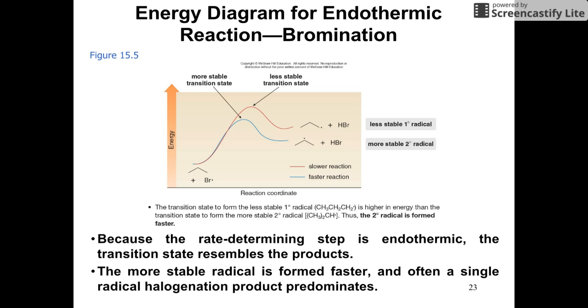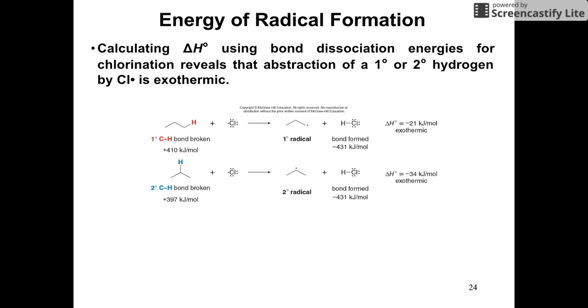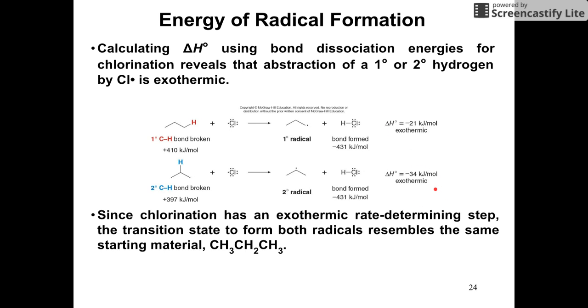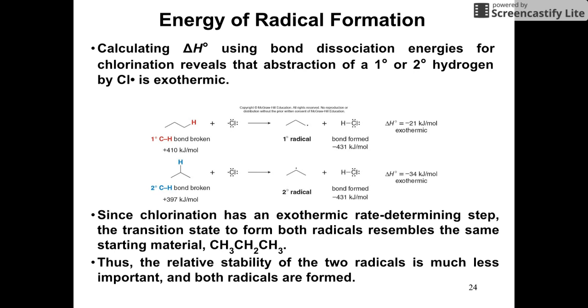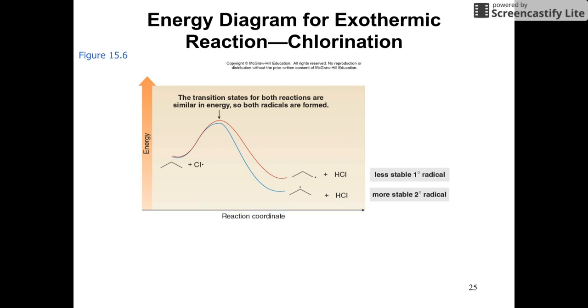Now, if we compare that to chlorination, both of these are exothermic, whether it be primary or secondary. Doesn't matter, they are exothermic. Okay, and so in this case, that is a critical difference. The stability of the two radicals is much less important, and that is explained here in this diagram.